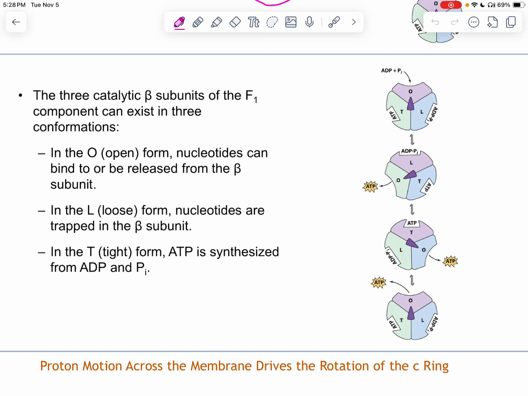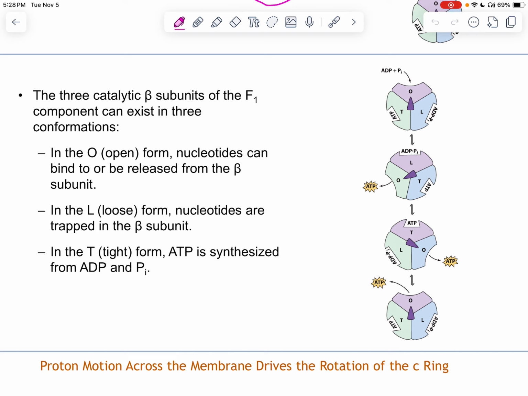When this is in the open form, symbolized by that O, the ADP and phosphate can enter. So when it's in the open form, essentially nucleotides can bind to or be released from that subunit.